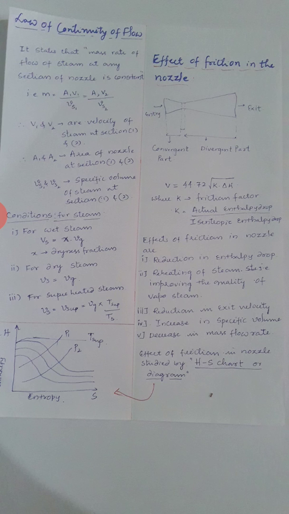The overall effect of friction in a nozzle is studied by the HS chart or Mollier diagram. The figure shows the Mollier diagram, which gives the relation between enthalpy and entropy, pressures, temperatures and dryness fraction.